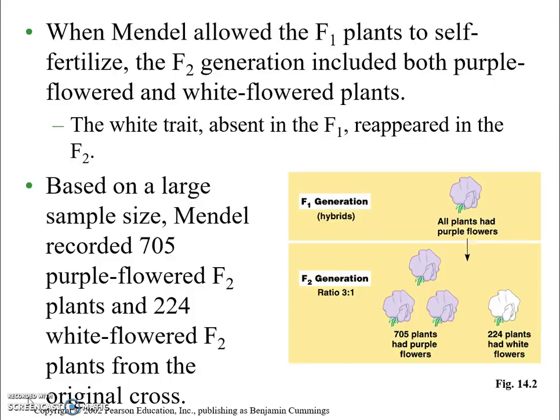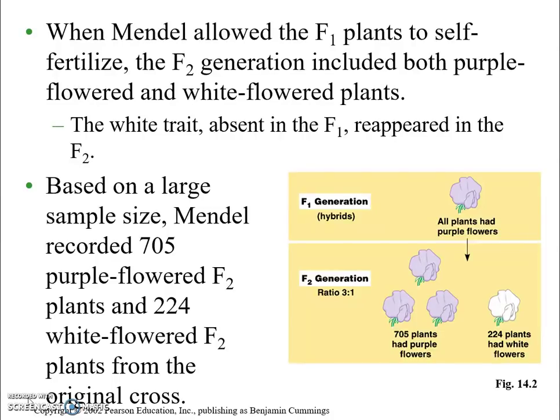So for example, if Mendel recorded, let's say 705 pea plants, and purple flowered in the F2 generation showed up to be 224, and white flowered F2 from the original cross were only 25% and 75% were purple, he realized that purple is expressing as homozygous as well as heterozygous, giving us the ratio of 3:1, which is also called the phenotypic ratio when you can see the physical traits, or genotypic ratio when you analyze the genetic composition of the traits. The genotypic ratio in this case would be 1:2:1.